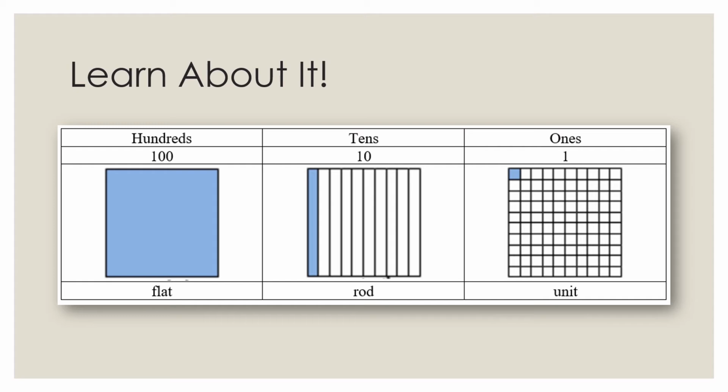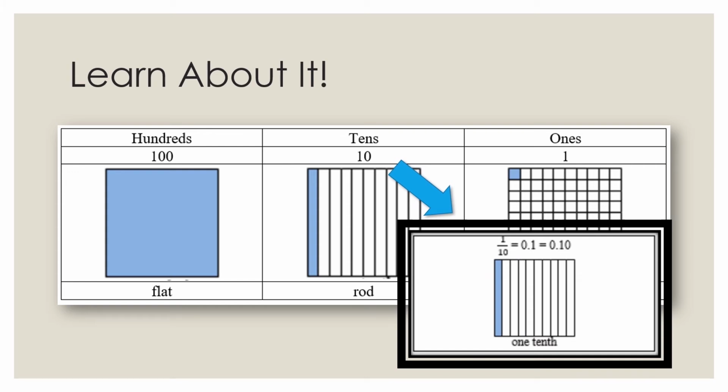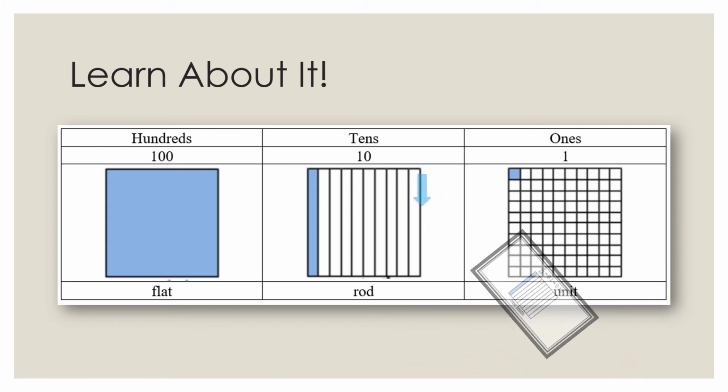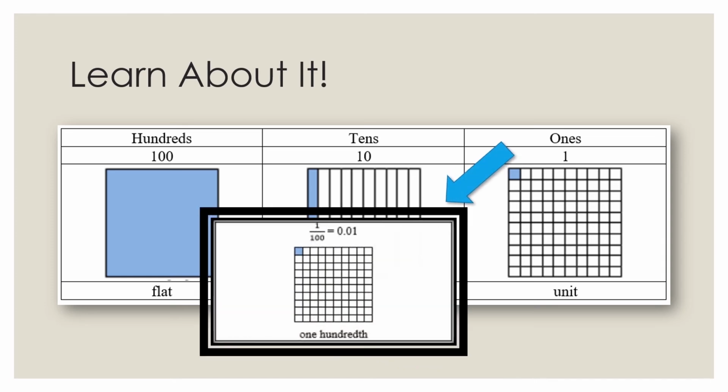In previous units, you worked with whole number representations shown below. In this unit, we will use the flat to represent one whole. The rod will represent 1/10. And a unit will represent 1/100th. I hope that you can see the connection between decimals and fractions here.